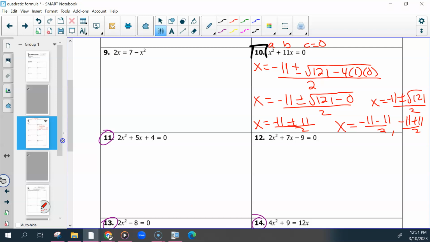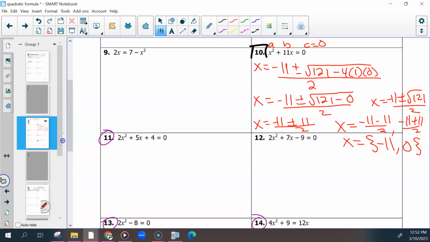What would those two equal? Negative 11 and 0 would be our final answers.